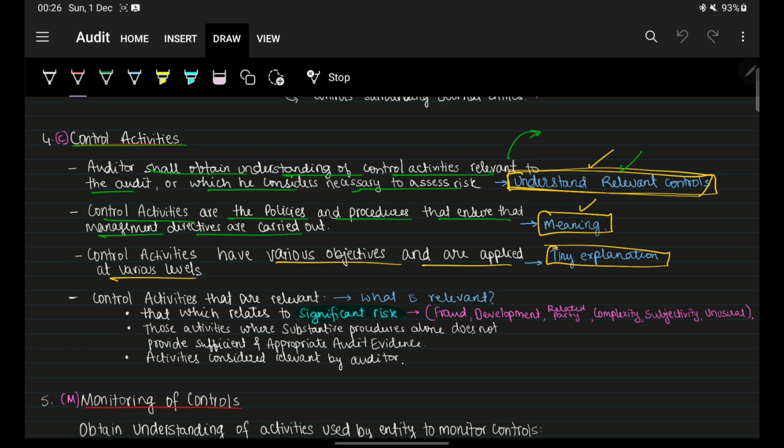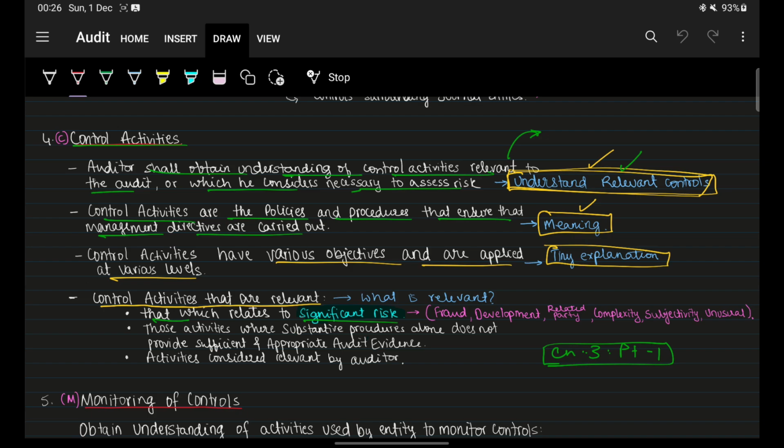Next, how do you find out which control activities are relevant? Basically we're finding out what is relevant. Those control activities that relate to significant risks. The significant risk is part of the chapter 3 part 1 video. If you go see there, you'll get a deeper understanding of what significant risks are.